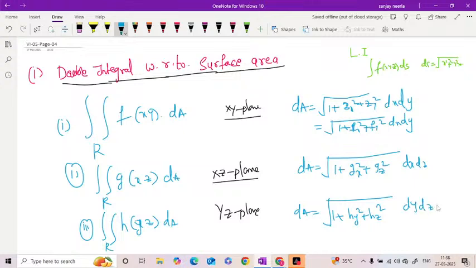Now we'll discuss one problem on this double integral with respect to surface integral.